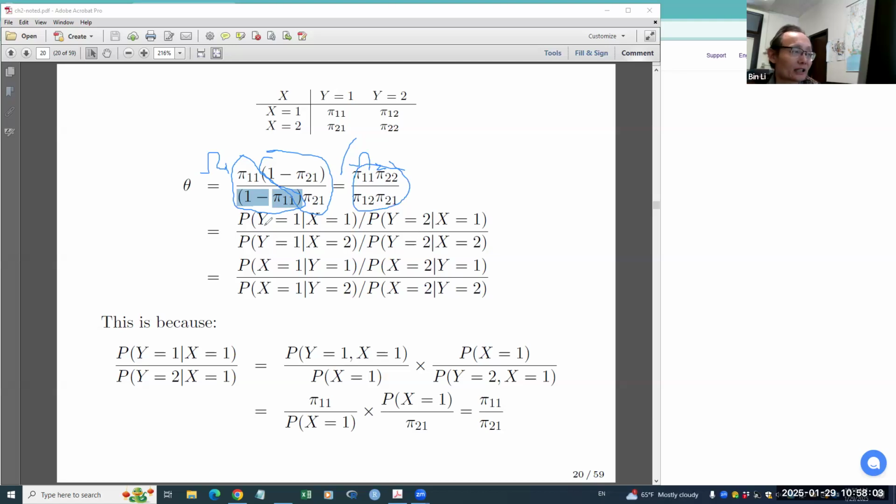And we can write it out. That's the conditional probability of y equals 1 given x is 1 over y equals 2 given x is 1. That's the numerator. So it is the odds of getting y is 1 given x is 1. And the denominator is the odds given x is 2, right?